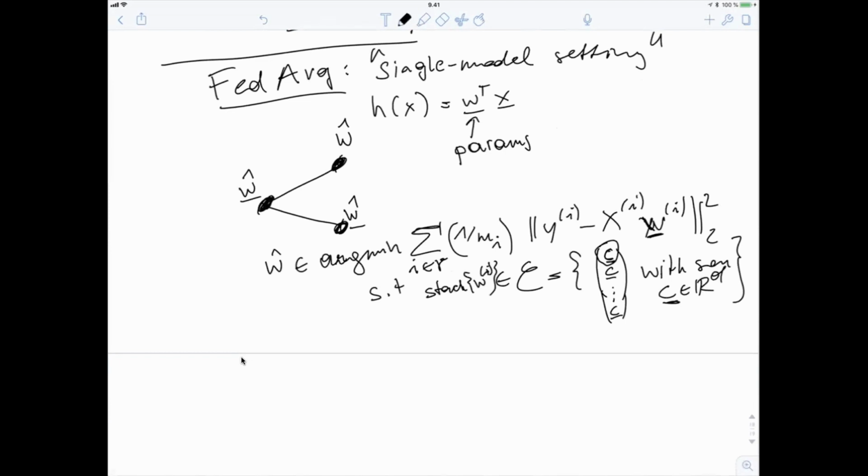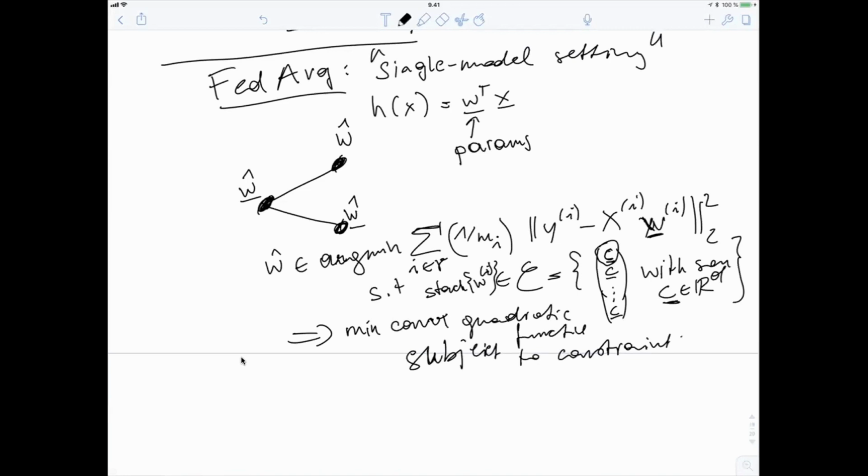Okay. And yeah, so this is a problem of minimizing a convex quadratic function subject to constraints. And how can we do this?